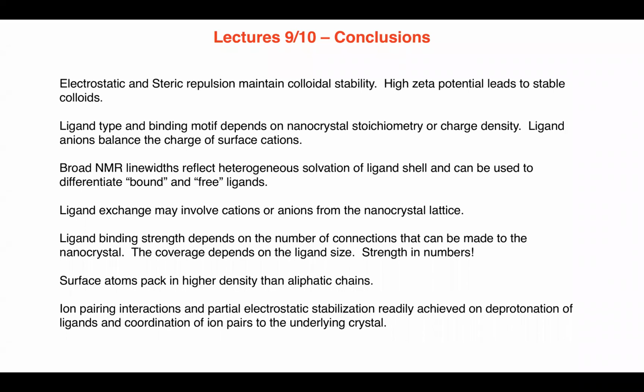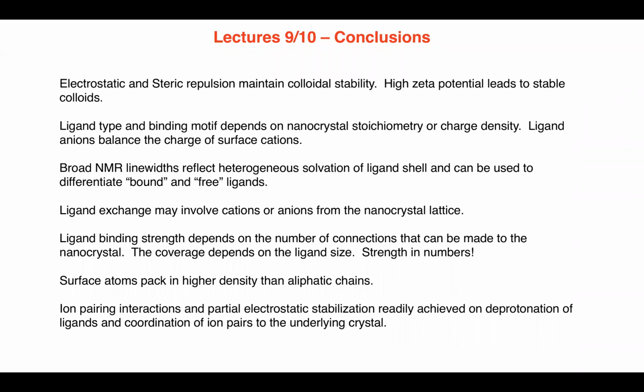That breadth is a consequence of heterogeneous broadening. And ligand binding strength really depends upon the number of connections that the ligand can make to the underlying crystal and the size of that object, okay? Those two principles are really very, very important. And it's that way because of the packing of surface atoms.